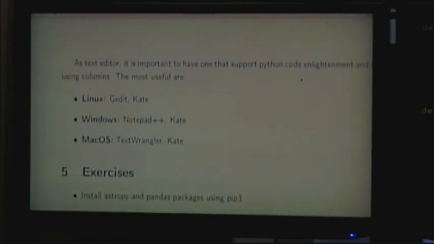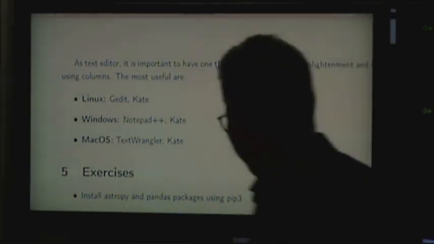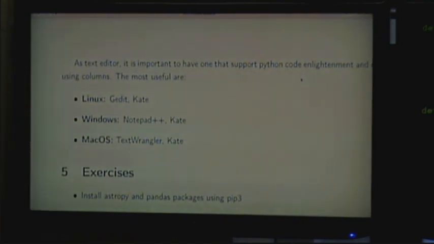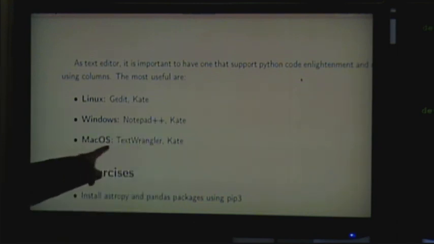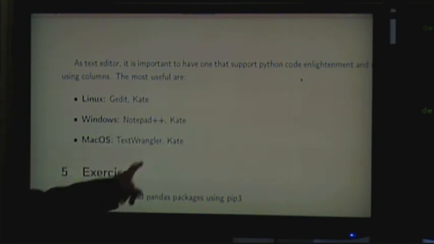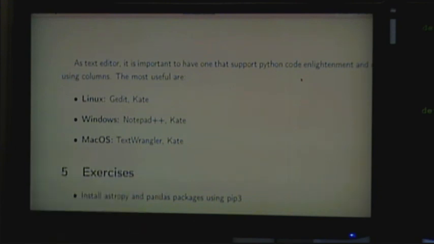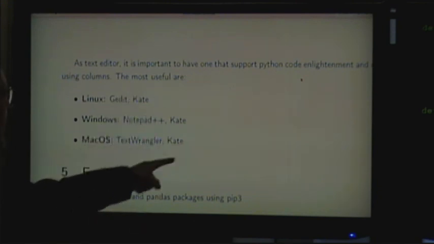As an editor, Kate. I never used Kate. It's the best. Emacs is okay. I guess. Because for Linux you can use Gedit or Kate, for Windows Notepad++ or Kate, and for MacOS TextWrangler. So Kate can be used on anyone.